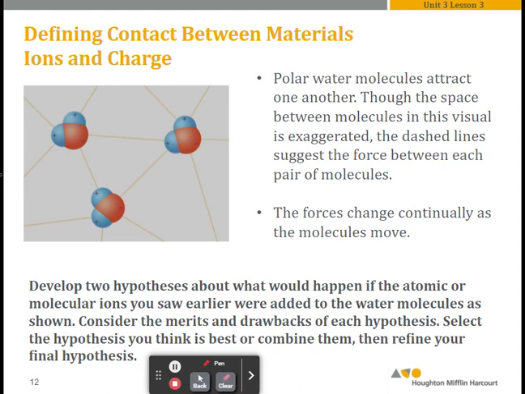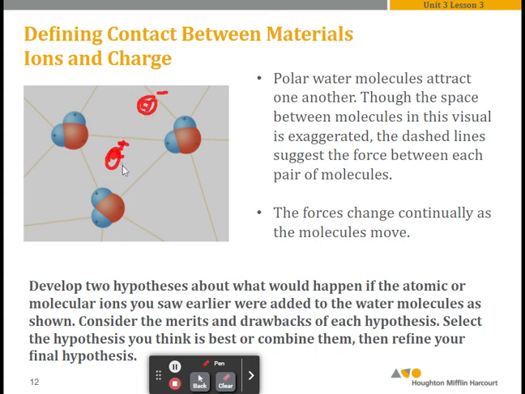Another hypothesis is that the ions are attracted to the water molecules without actually forming a chemical bond. So you'll get a positive ion here and maybe a negative ion here. So this is probably sodium and then this is chlorine.